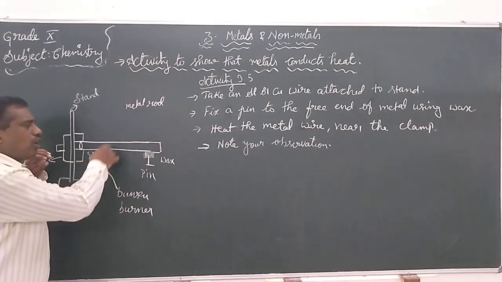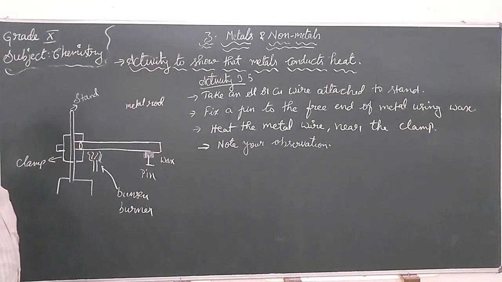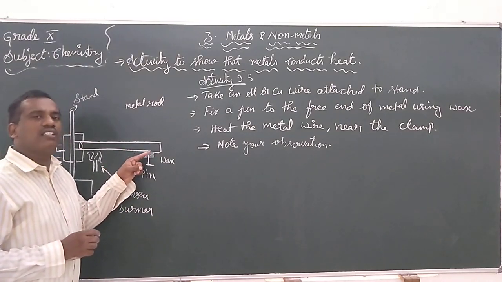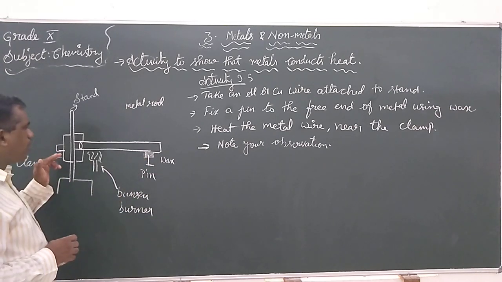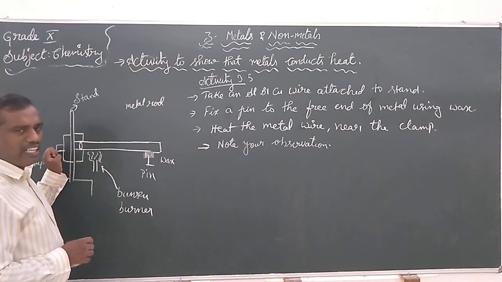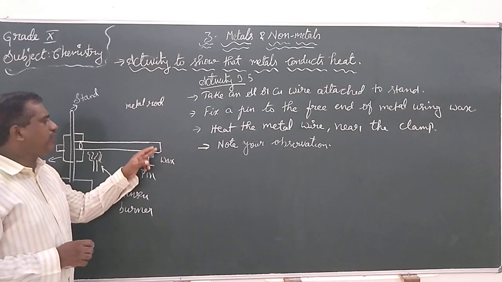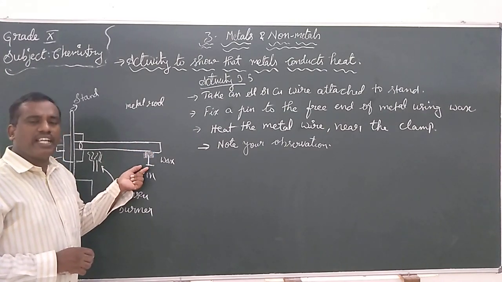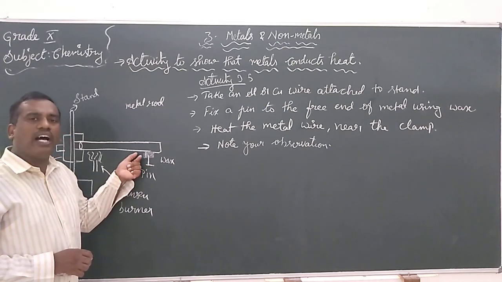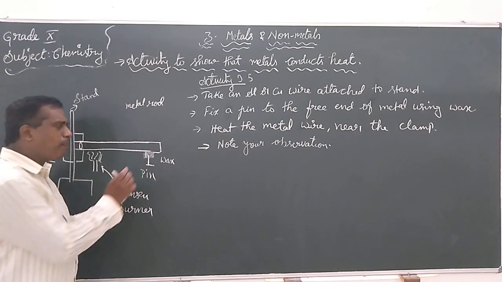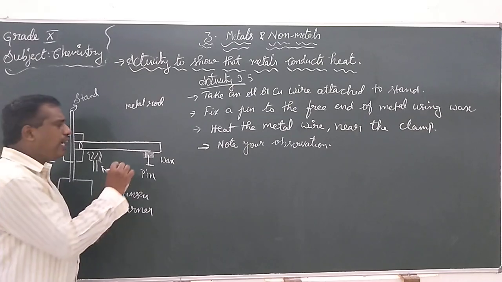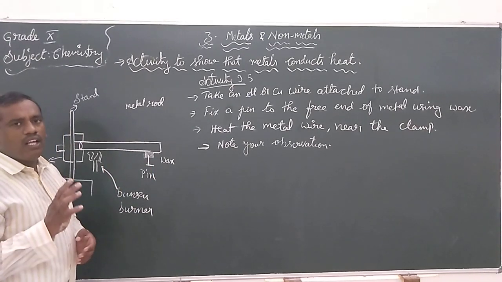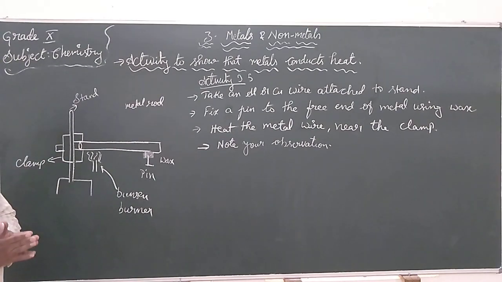So this is the metal rod or the metal wire. One end of this metal wire is held by the clamp. The other free end is fixed with a pin by the help of wax. We place some wax on the metal and we place a pin on the wax.